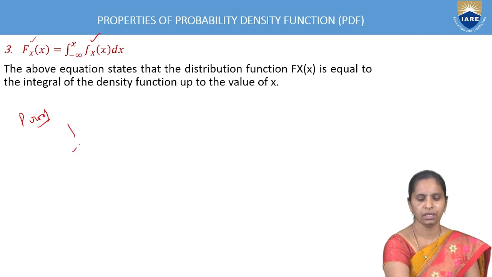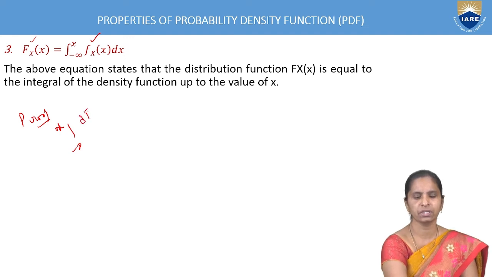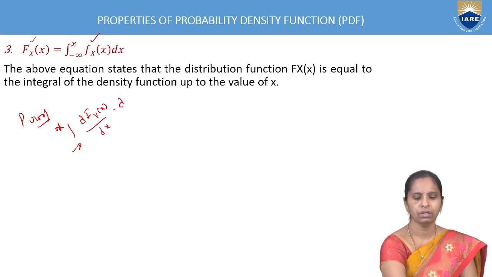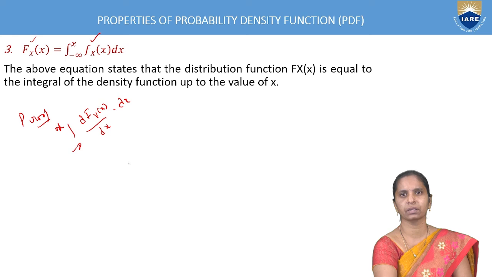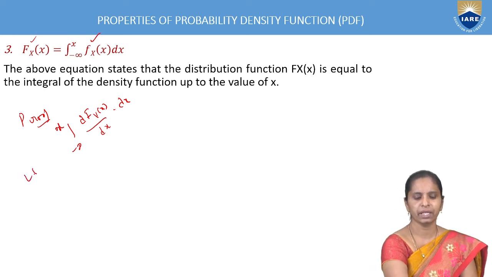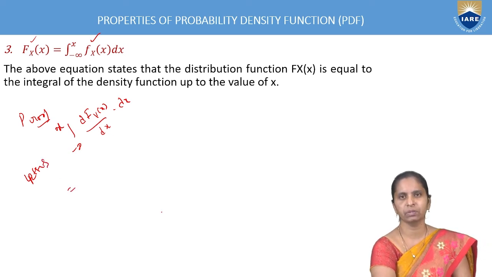So, integration from minus infinity to x. How can you define the density function? From the definition, the density function is defined as the derivative of the distribution function, that is, the differentiation of the distribution function, capital F. I am taking the RHS first. When I integrate and differentiate with respect to x, both get cancelled.